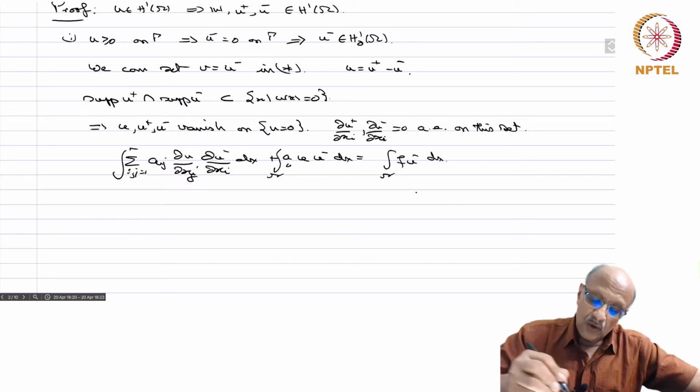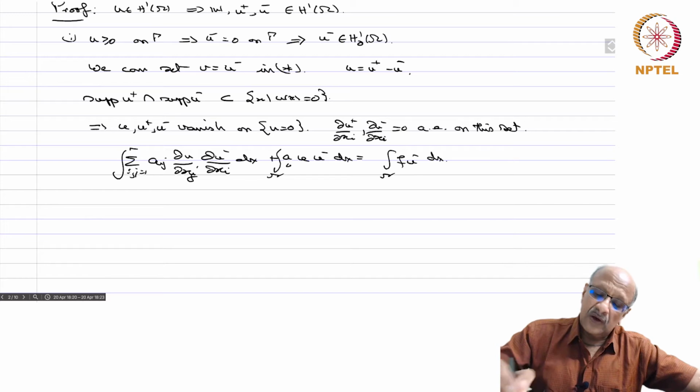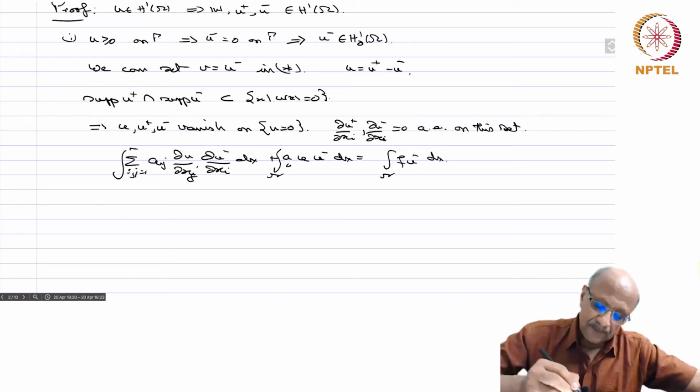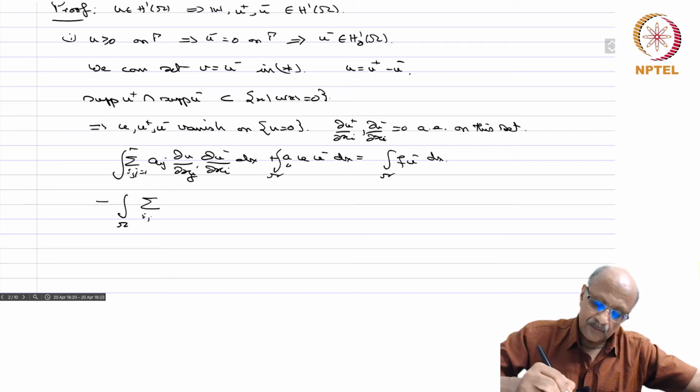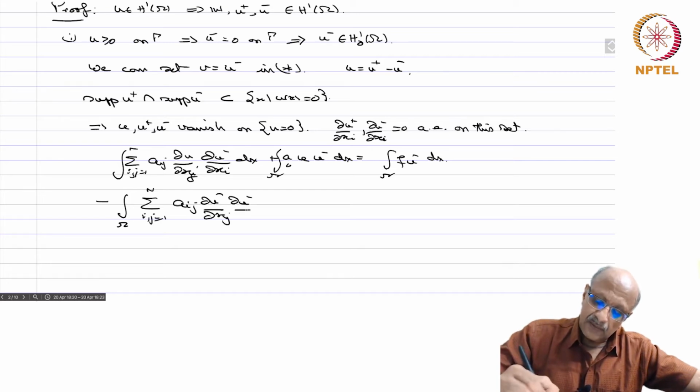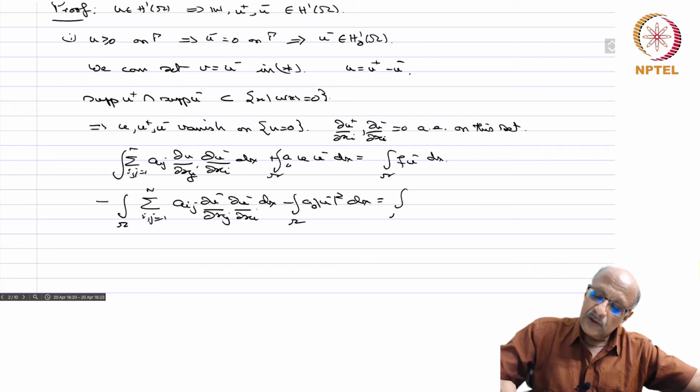Now u is u plus minus u minus, and the cross integrals will be 0 because of all the observations which we have just made. Therefore this will be equal to minus the integral on omega of the sum over i, j equals 1 to n of a_ij du minus by dx_j du minus by dx_i dx, minus the integral of a_0 u minus squared on omega dx, equals the integral over omega of f u minus dx.